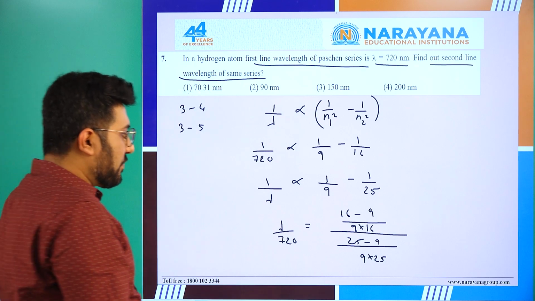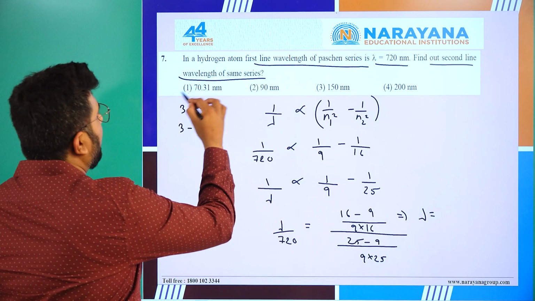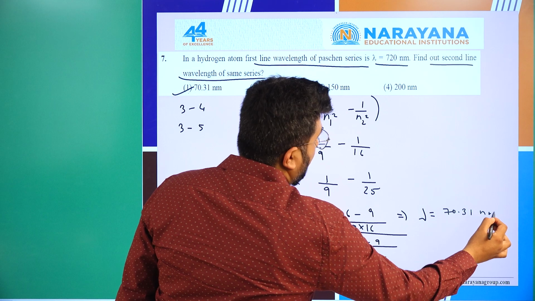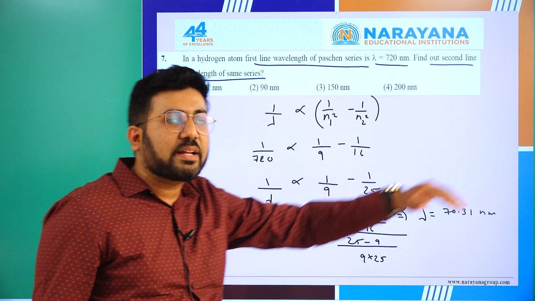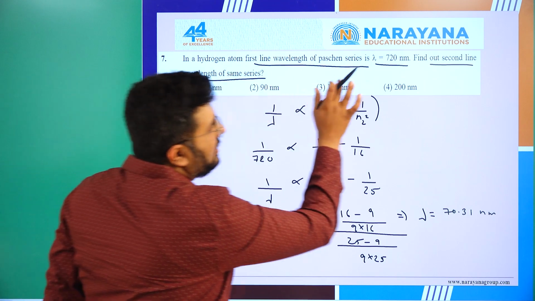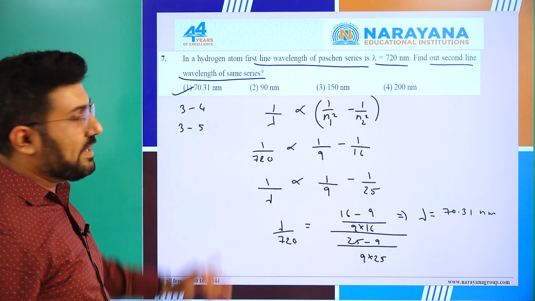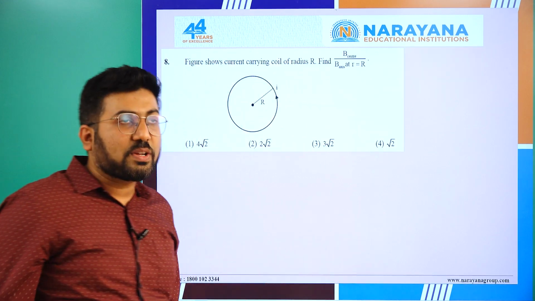Okay, so from here when I solve for lambda, I'll get lambda equals 70.31 nanometer. Okay, so if the first line wavelength is 720 nanometer, according to this question the second line wavelength will be 70.31 nanometer. Okay, so now let's go to the next question.